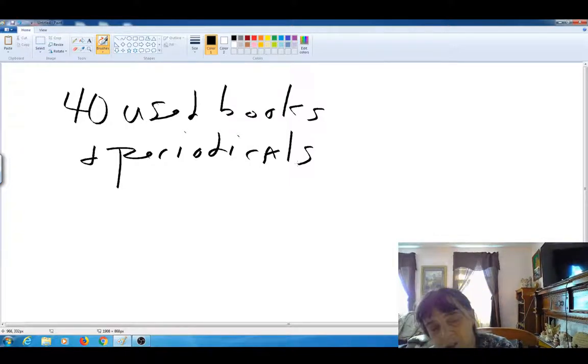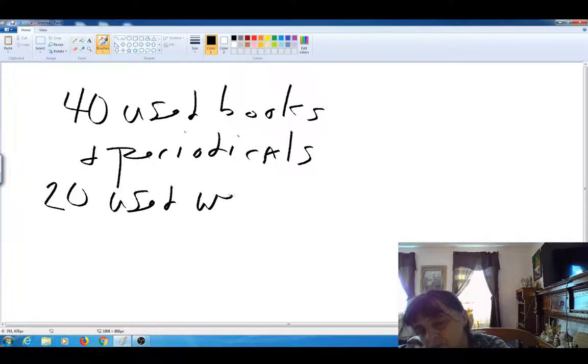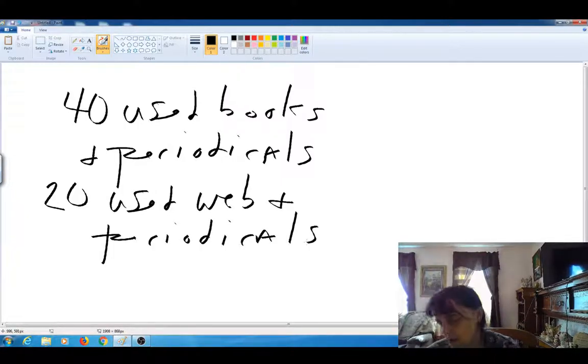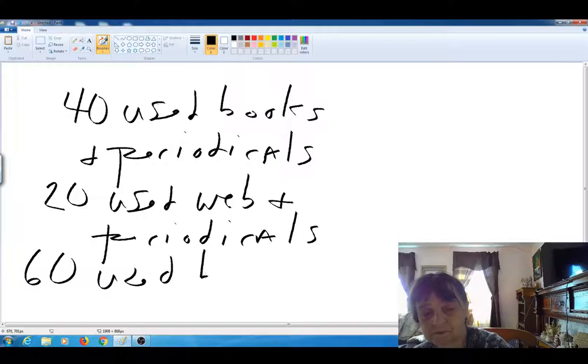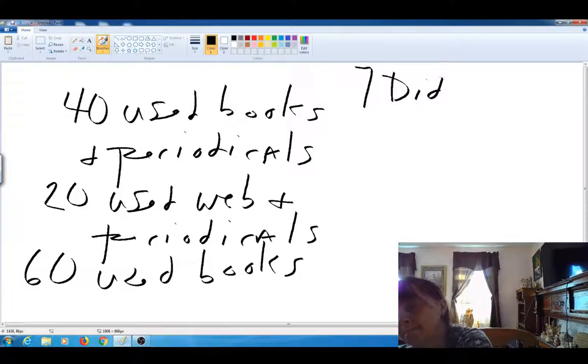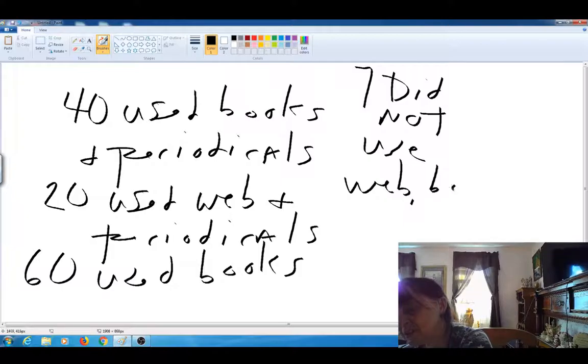Use web and periodicals. And 60 use books. 7 did not use web, books, or periodicals.